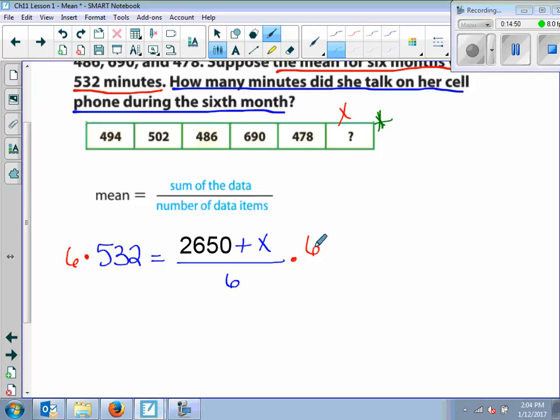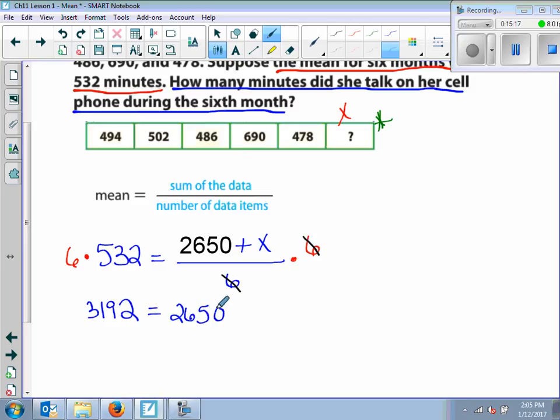So now you can see that 6 up there and 6 down there cancel to 1, right? And 6 times 532 is 3,192.